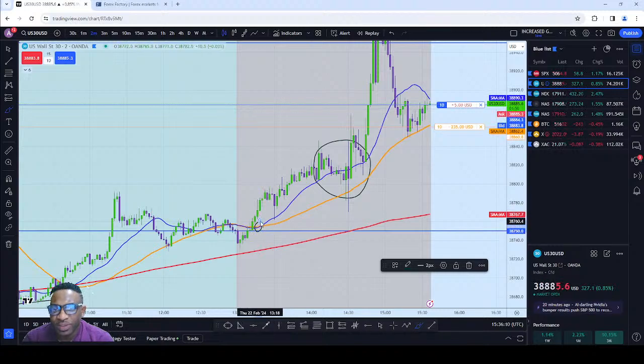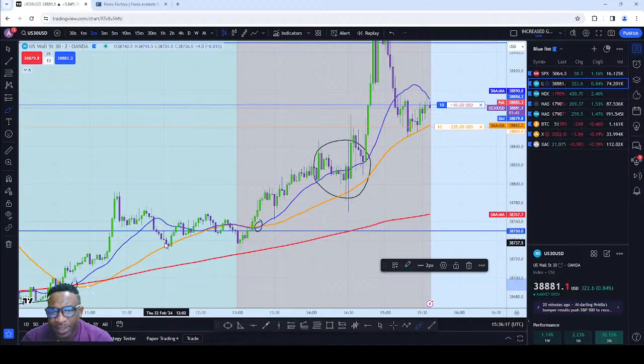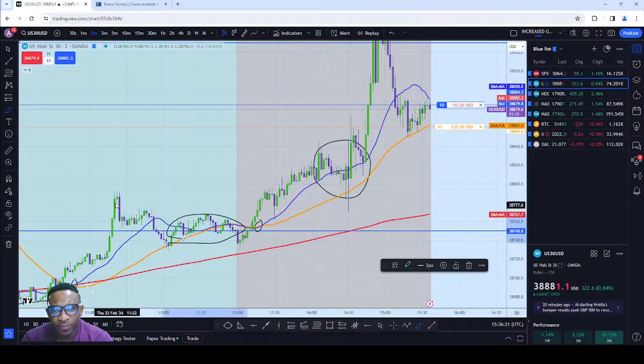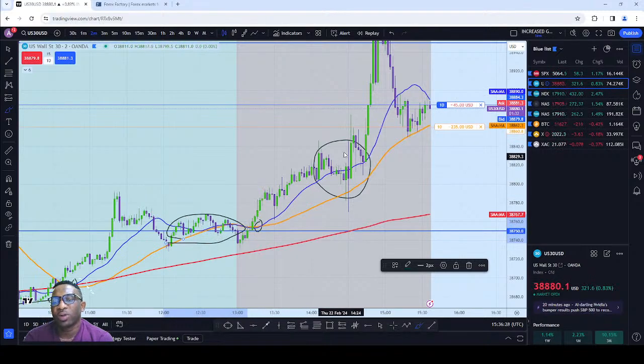And another crossover was here. All this happening here, we classify as a result of this crossover, and price pulled back to the moving average and then began its upward move again.